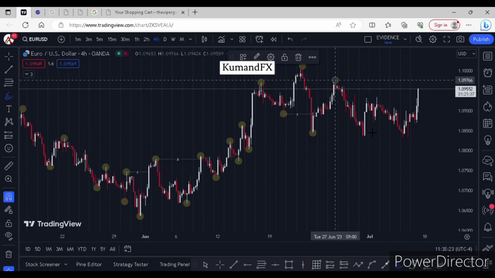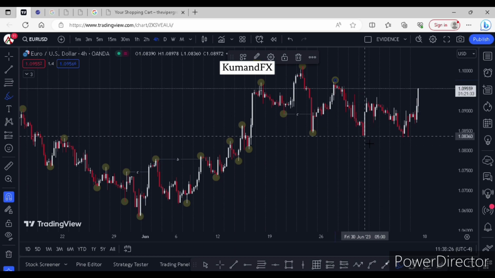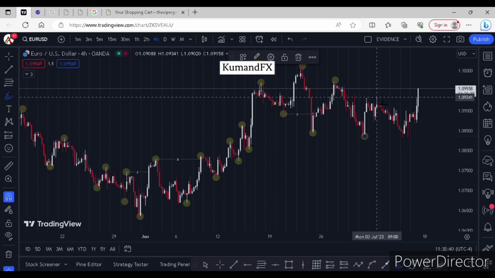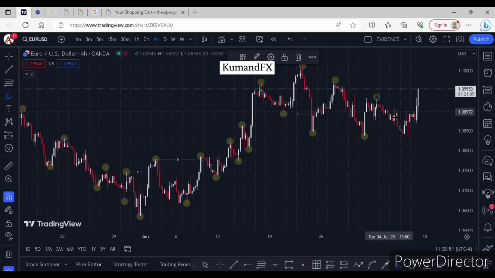Now it has realigned to the previous bearish order flow, a lower low, a lower low, then a lower high, a lower high, then price puts in a lower low, lower low.